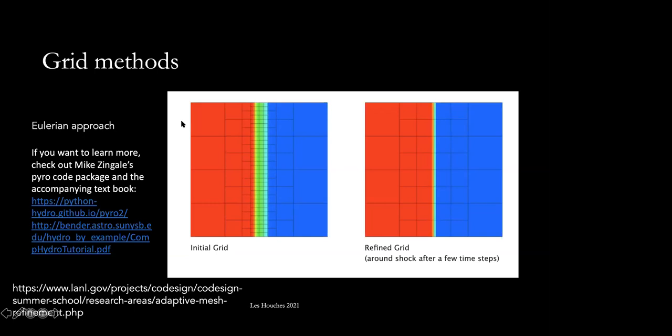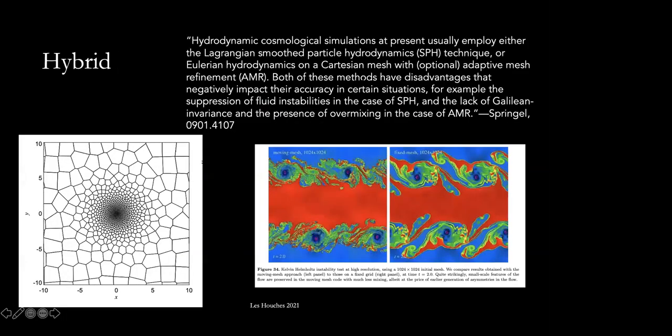And then the newest thing that's been gaining steam in the past 10 years is this hybrid approach, where you have some aspects of smooth particle hydrodynamics, the Lagrangian approach of following tracer particles as they move, and then this grid-based, Eulerian approach. The two most recognizable codes that use this approach are the Arepo code by Volker Springel and the Gizmo code by Phil Hopkins.